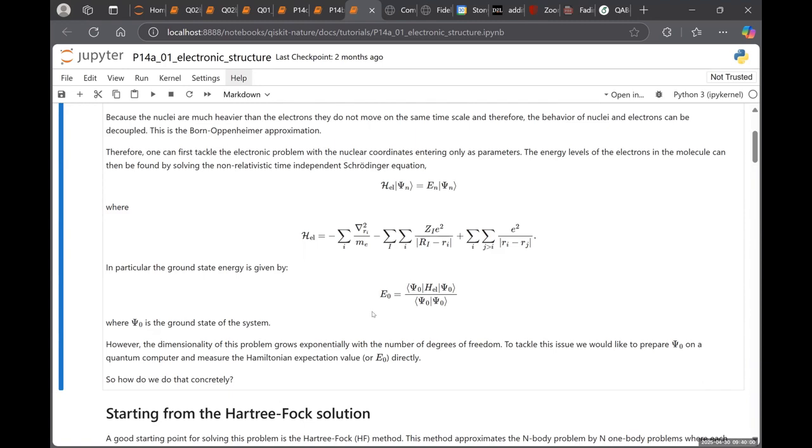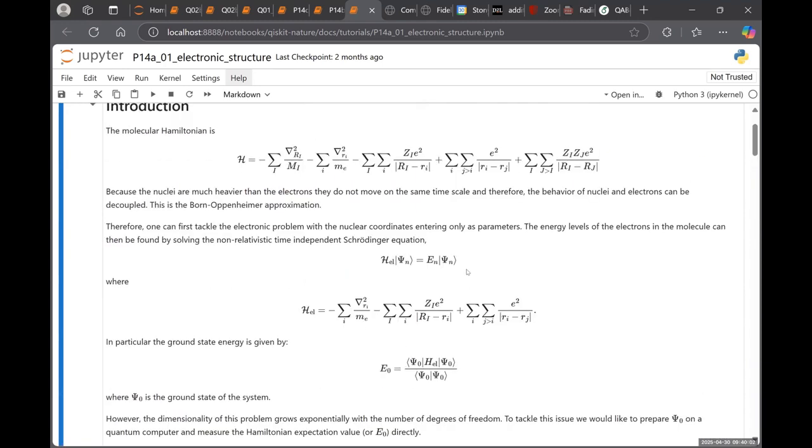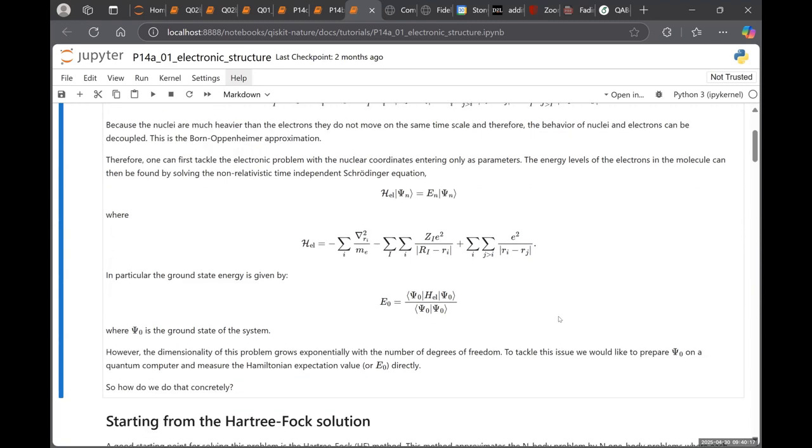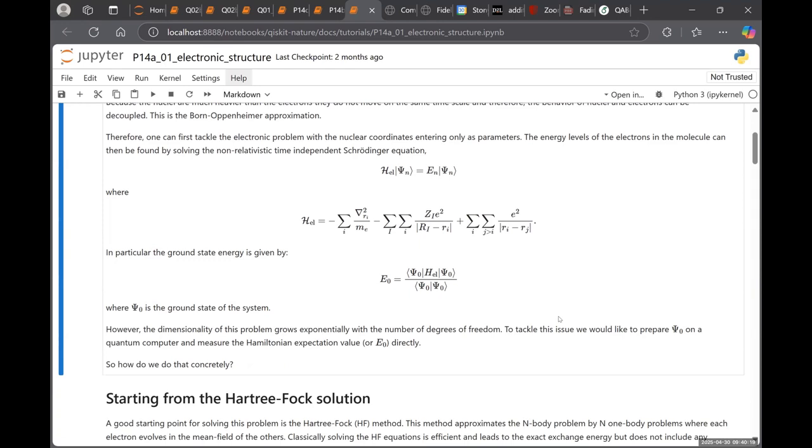This problem is difficult, even just writing this down. And if you have random potentials, well, you could also have random potentials, there's a V of R. This is hard.